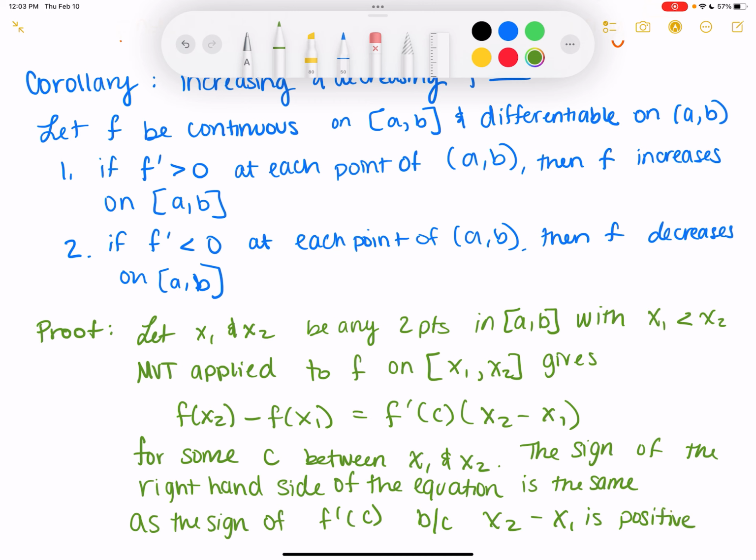So whatever the derivative is, that sign, that's the sign that that side's going to be. Because with the x2 and the x1, we're always going to do bigger first and then minus the smaller.